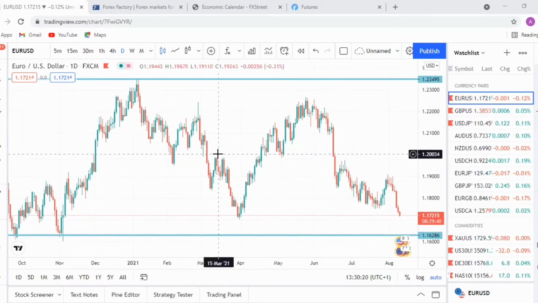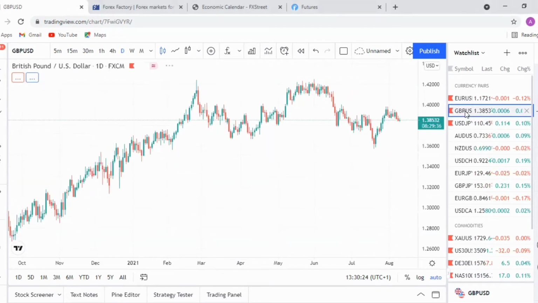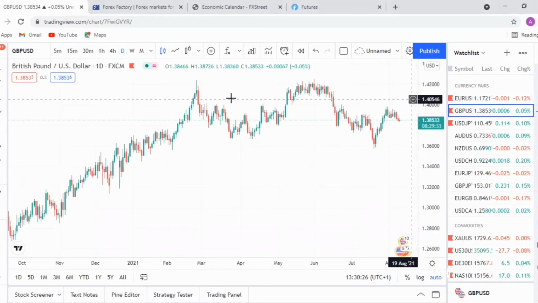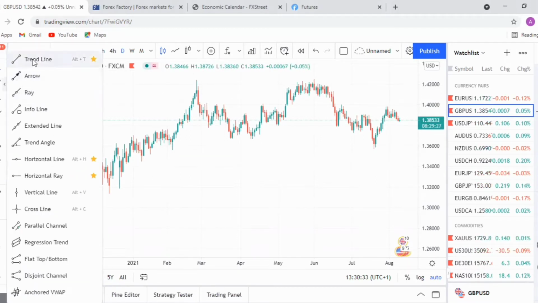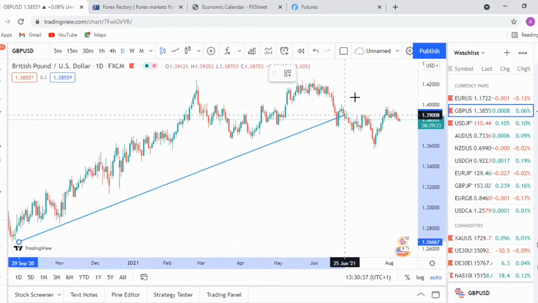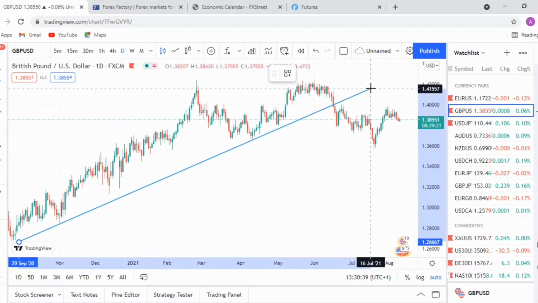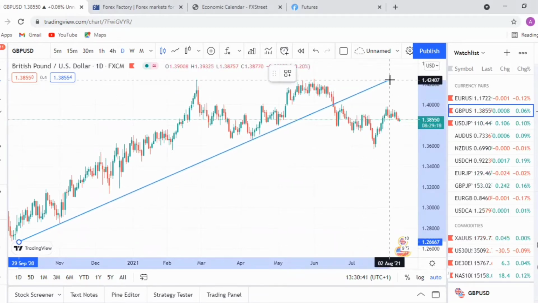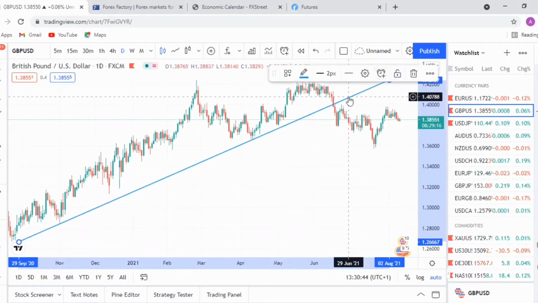Now, this is EUR/USD. Let me check GBP/USD and see. Okay, so if we check GBP/USD, we'll see that the market was on an uptrend.